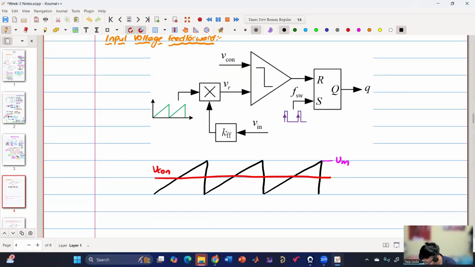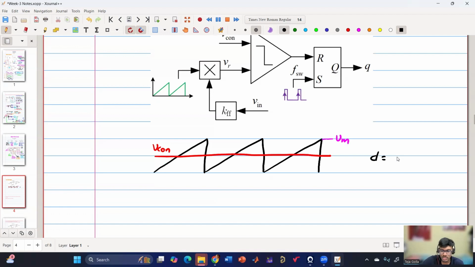Can anyone tell me, if I calculate the duty ratio from this, what will be the duty ratio expression in terms of Vcon as well as Vm? Vcon by Vm. Yes. Very good. So this is my duty ratio.